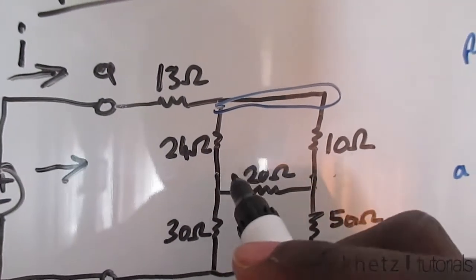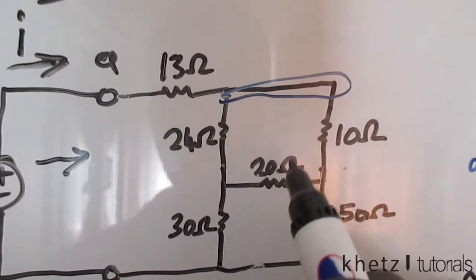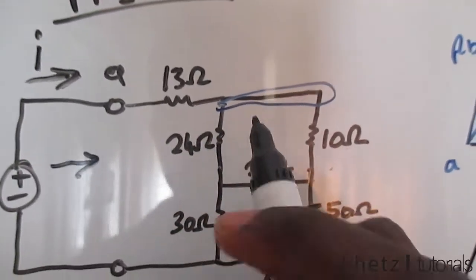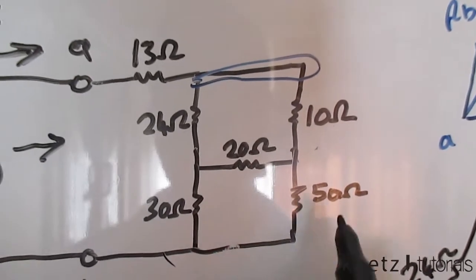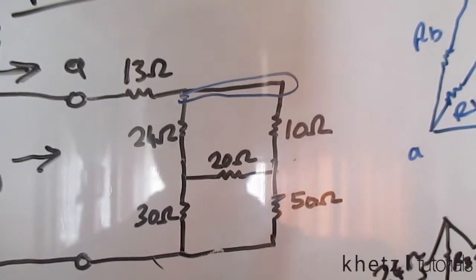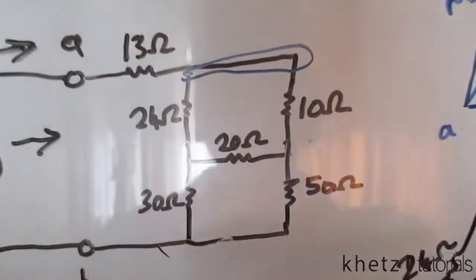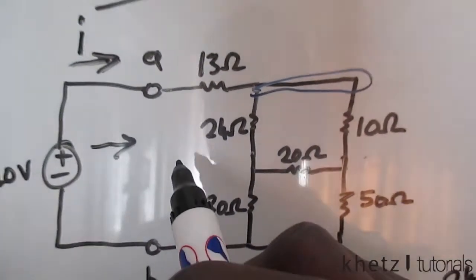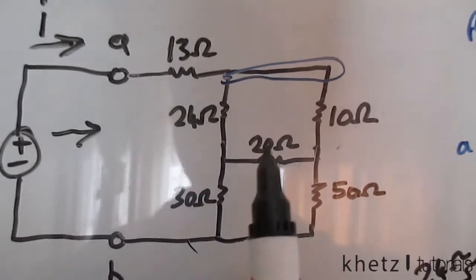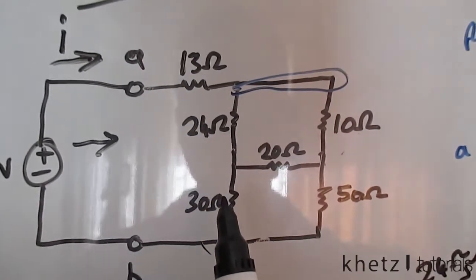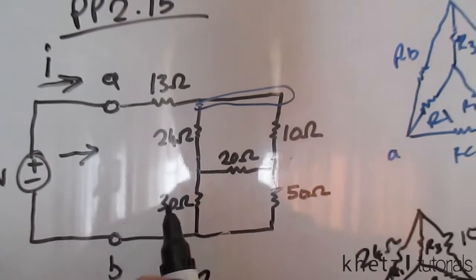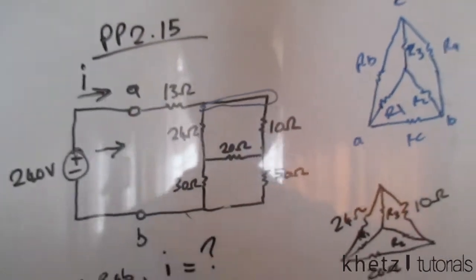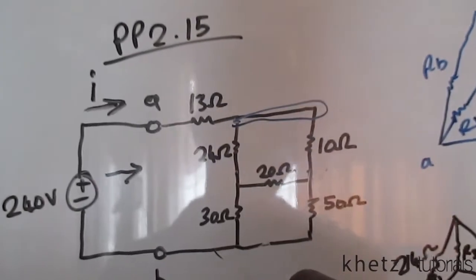This node is shared between 20, 30, and 24, but they're not in series. This node is shared between 30 and 50, but they're not in series. So all of these resistors share at least one node, but are not in series, and neither are they in parallel.